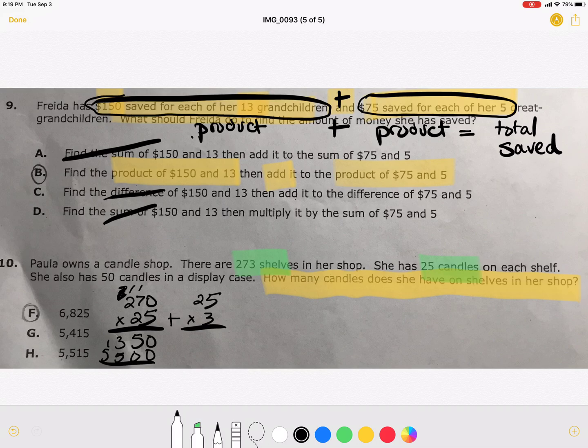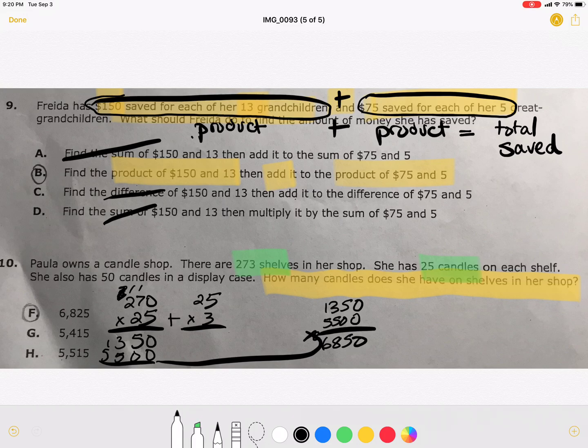So that, nope, right out of room. 0, 5, 8, 6.